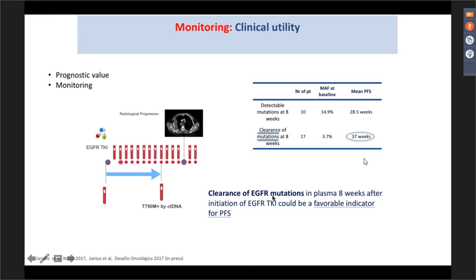Then the clearance of EGFR mutation in plasma could be a favorable indicator for PFS. Then it has prognostic value in our study.